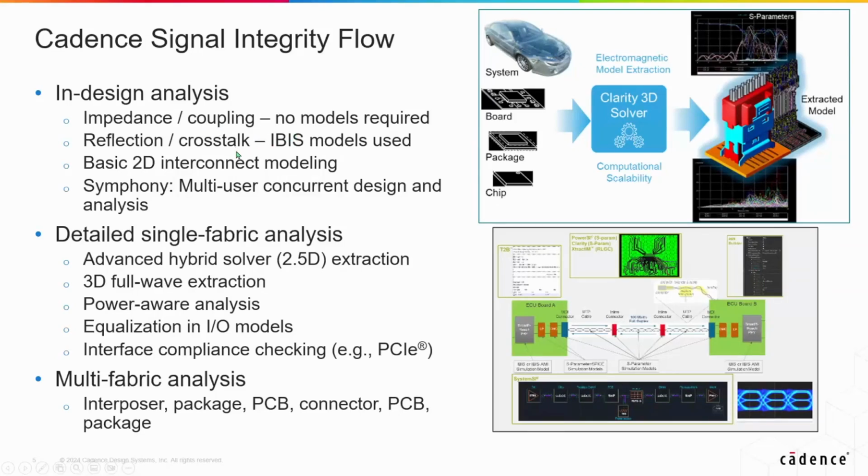If you want to go a little bit further and see what the signals might look like if you could actually probe them in the lab with an oscilloscope, the reflection and crosstalk technology that we have will require some IBIS models. Of course, we'll provide default models in case you don't have IBIS models. This analysis is done with the most basic interconnect modeling.